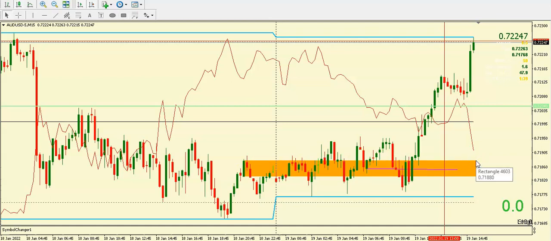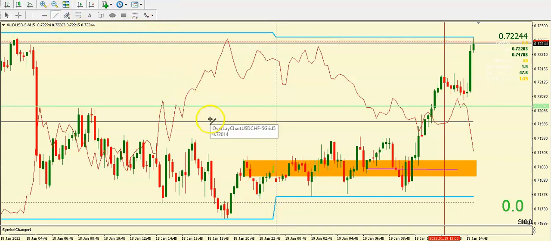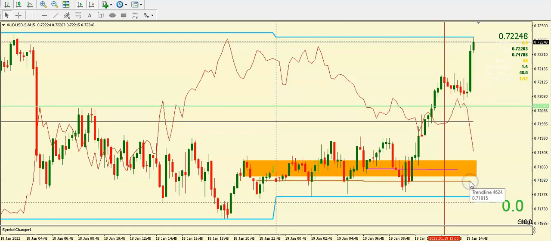It is known that with mitigation blocks, there's a chance the price can come down to the order block, and that's what happened here. So if I would have noted that, then that's something I would have probably gone for.